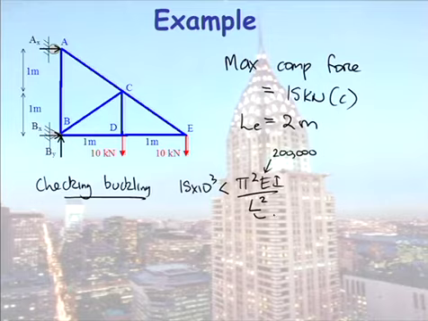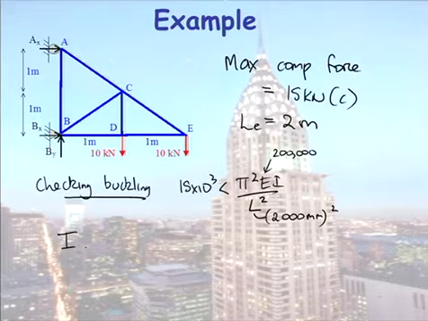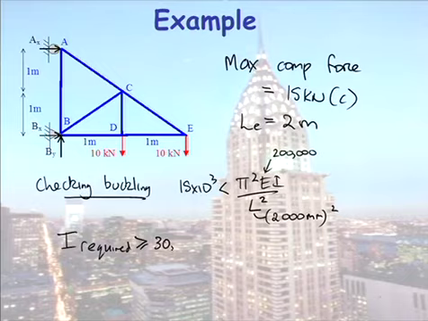We said our length was 2 metres, so that's squared. Rearranging this formula, I required has to be greater than 30,396 millimetres to the power of 4.